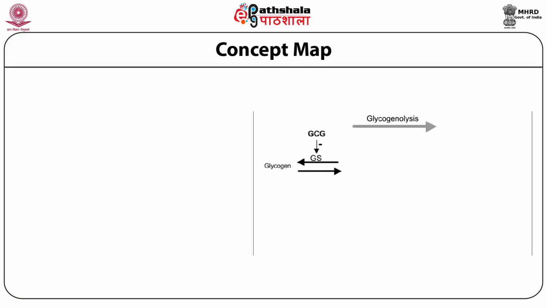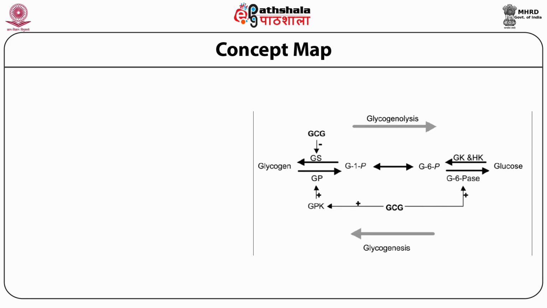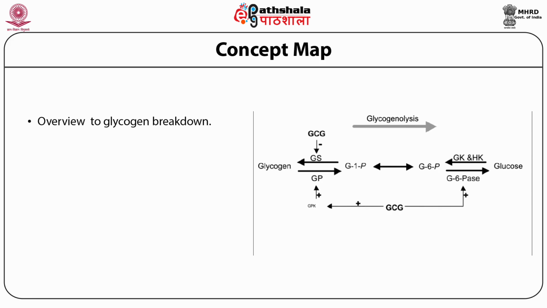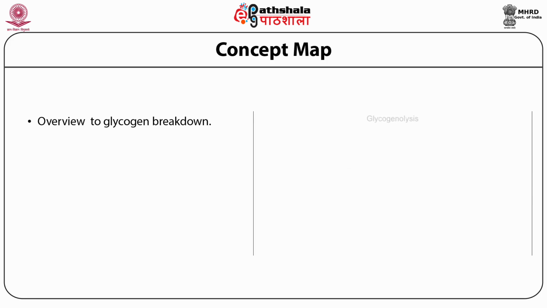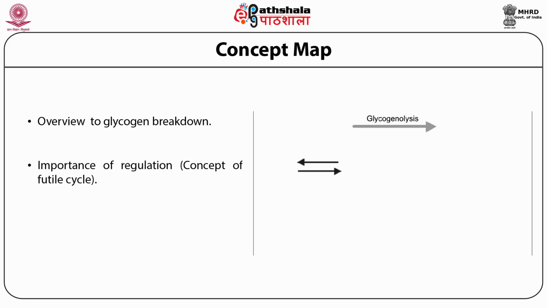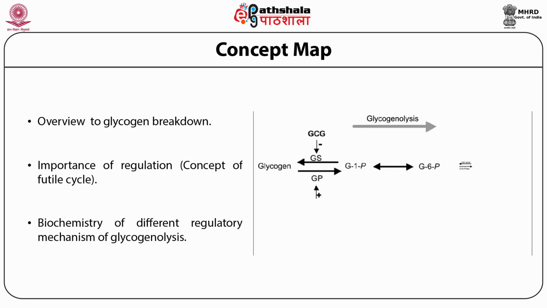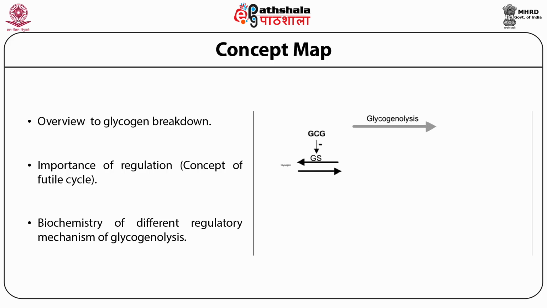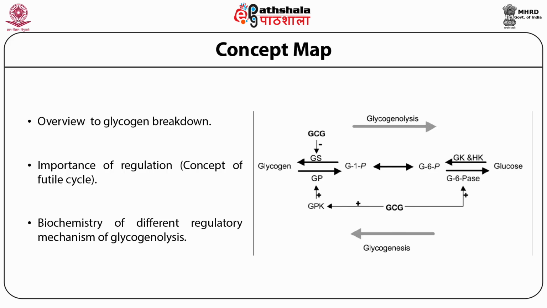The concept map of the class: initially, we will study the glycogen breakdown, with a brief review on that. Then we will explore the importance of regulation, the biochemistry of different regulatory mechanisms of glycogenolysis. We will then study the disease associated with glycogen degradation.